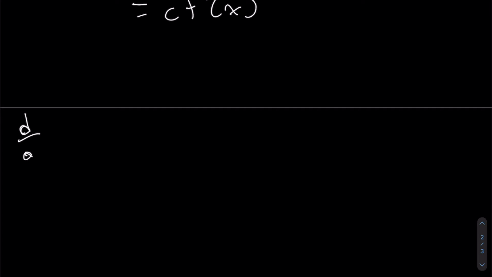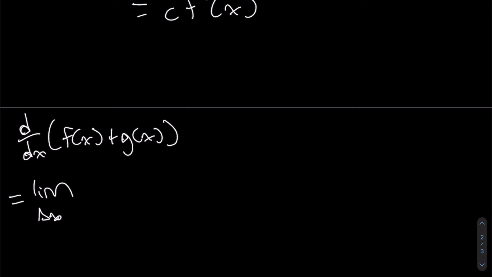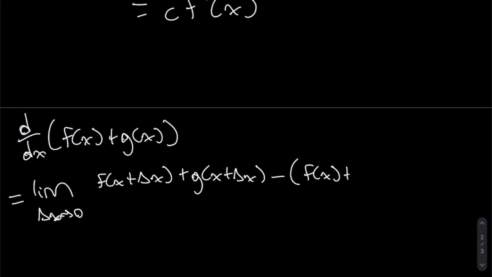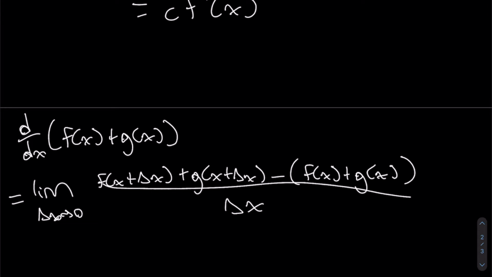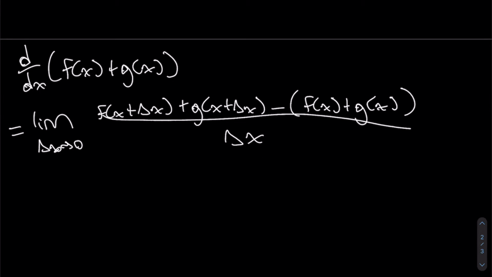So taking the derivative of functions being added together. So over here I'm going to have f at x plus delta x plus g at x plus delta x minus f at x plus g at x. And now look here.